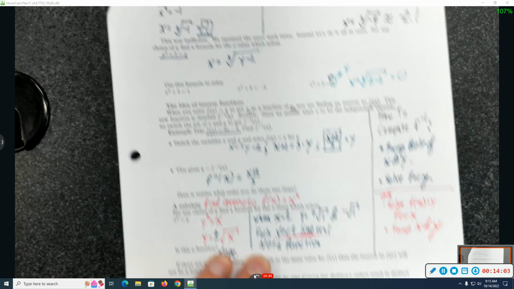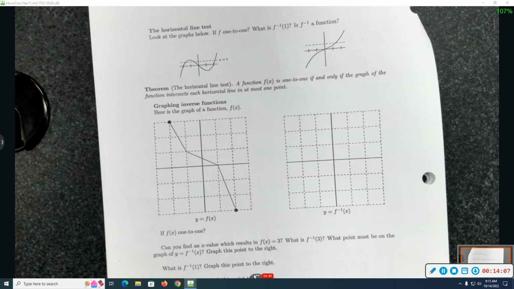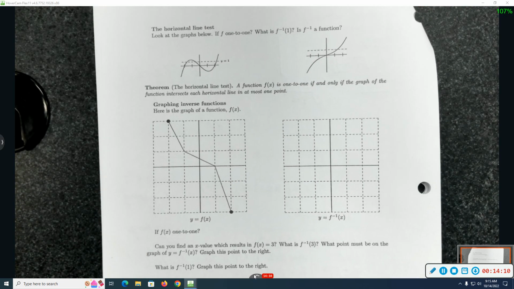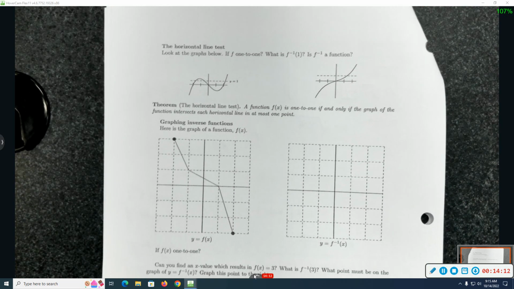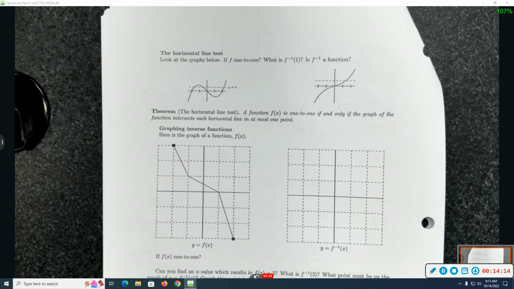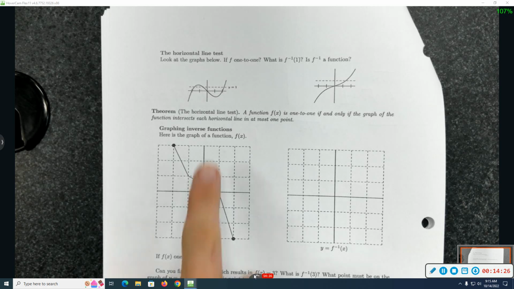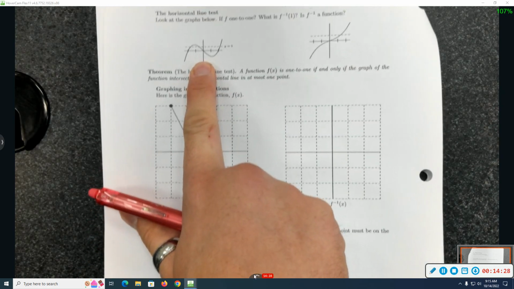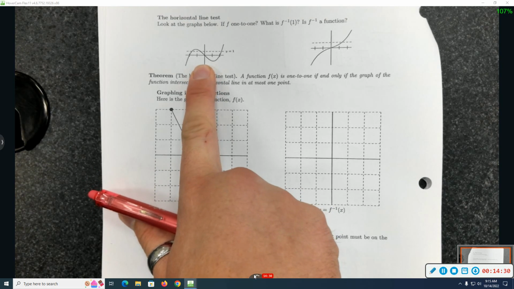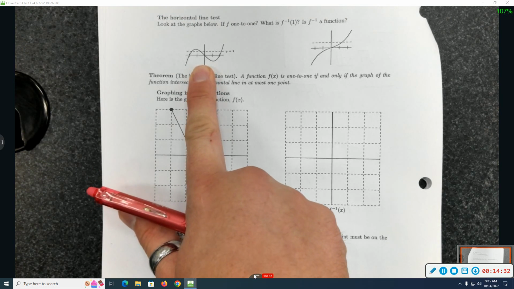So with that in mind, let's do some things graphically. So here are some graphs of functions. Are these functions one-to-one? So remember what one-to-one means. A function is one-to-one if every time you take two different x values, you get different y values. So here's this one. Is this function one-to-one?